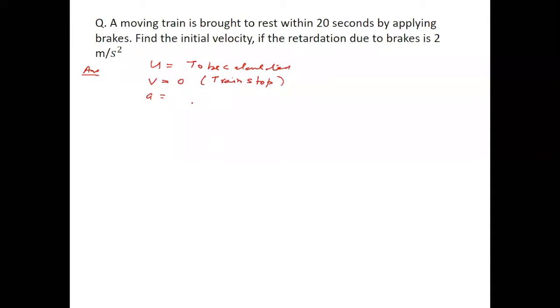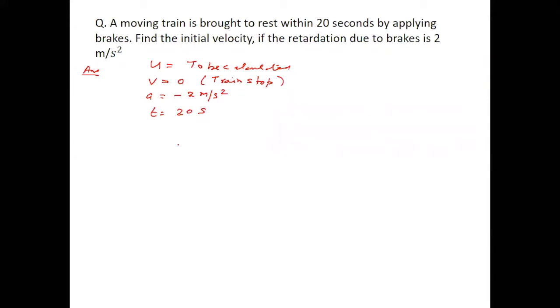Acceleration is given as 2 meters per second square, but it's not acceleration, it's a retardation. If it is a retardation, how do we add it? Give the minus sign, so minus 2 meter per second square. Time is given as 20 seconds. Which formula can we use?